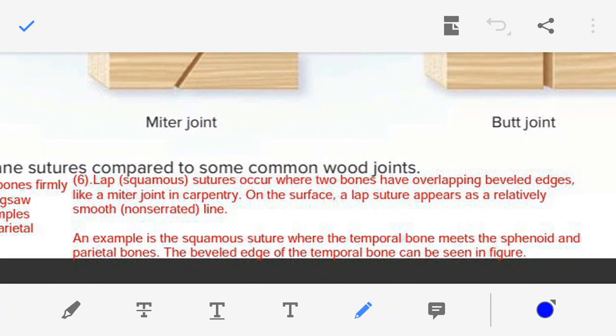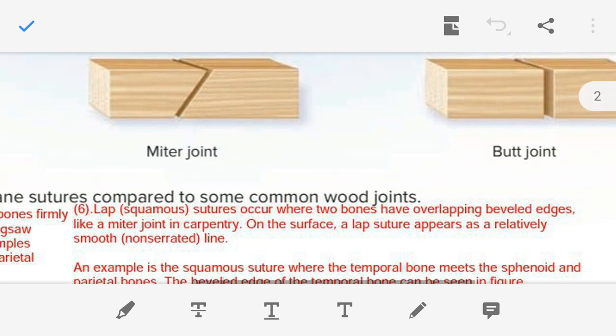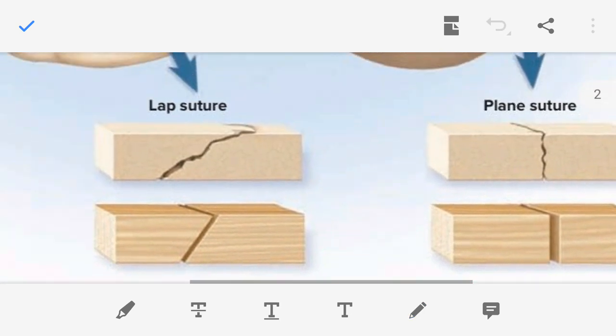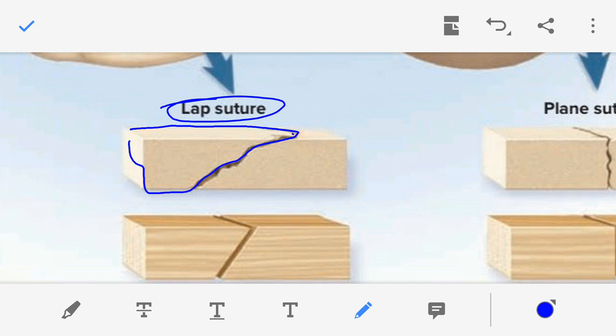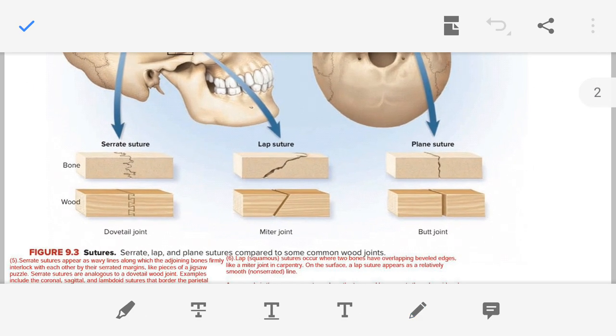Similarly in lap suture, this is the bone and this is the edge of the bone, and this edge is overlapping the edge of the other bone.